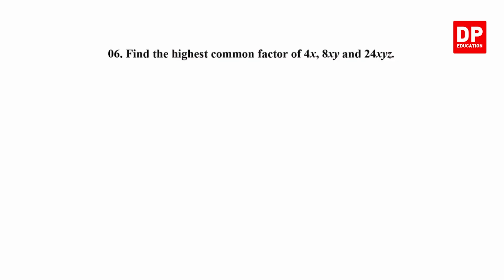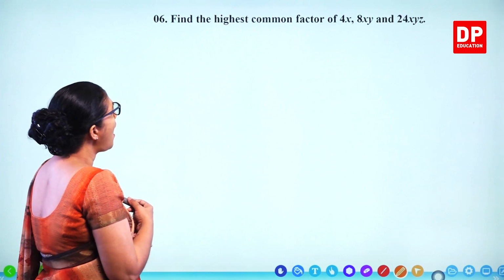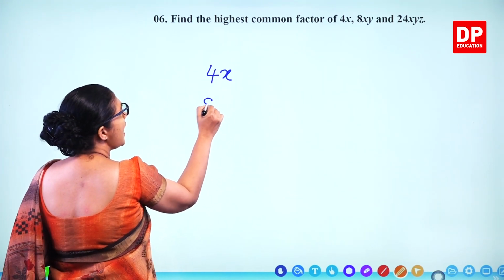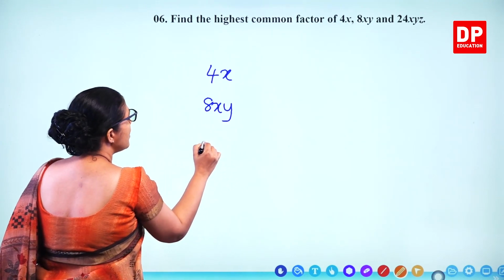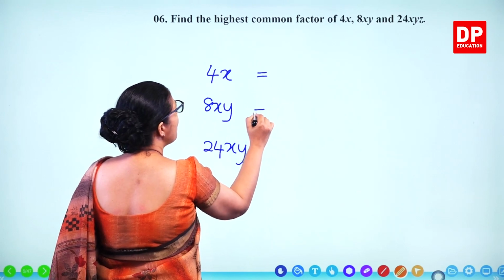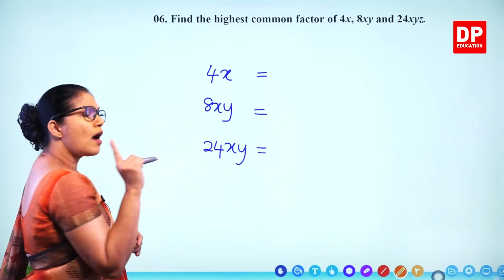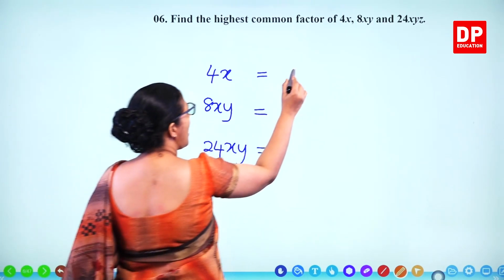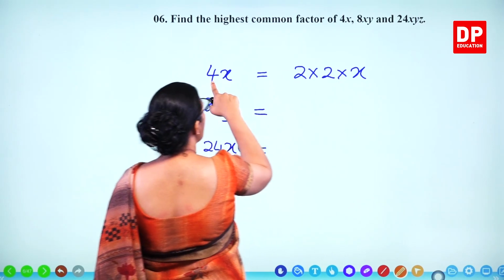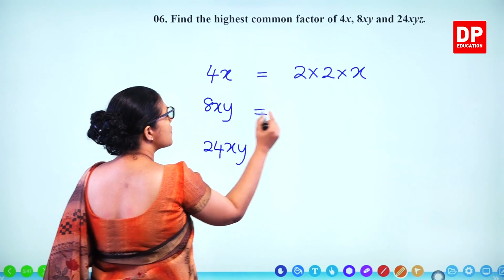Question number 6. Find the highest common factor of 4x, 8xy and 24xy. So find the prime factors first. How do you write 4? 2 times 2, and then x there because it's 4x. 8xy.